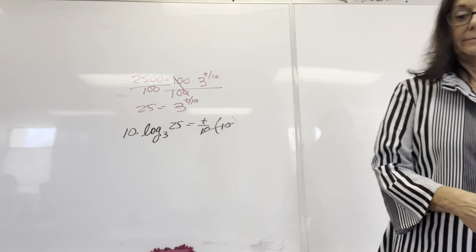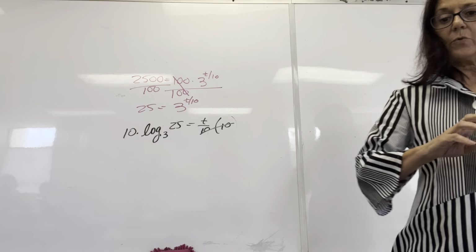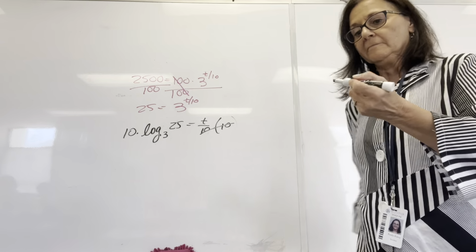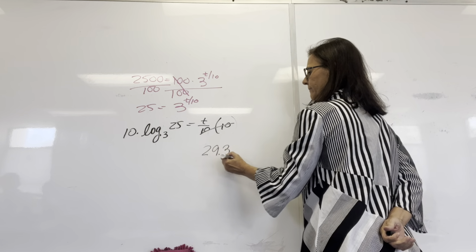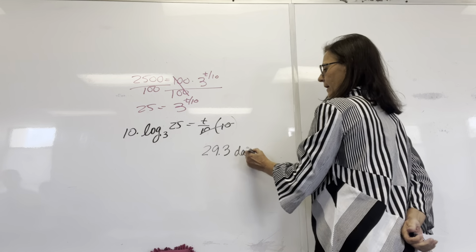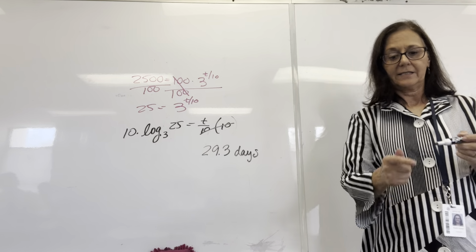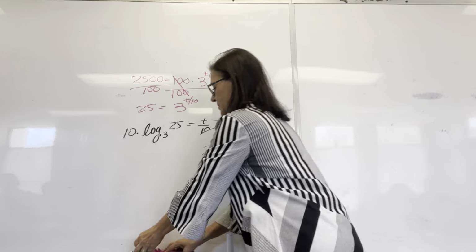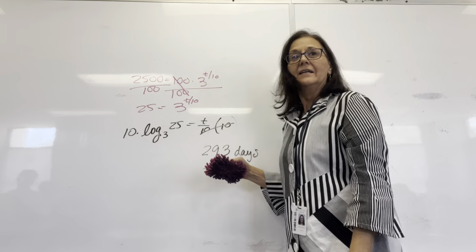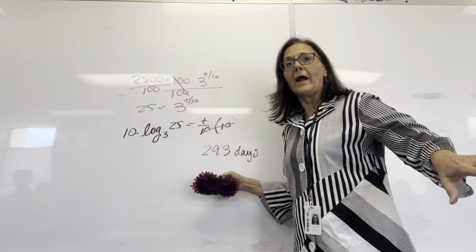Over 29 days, actually 29.3. Can we have a fraction of a day? That would be like 3 hours. It's 3/10 of 24 hours.